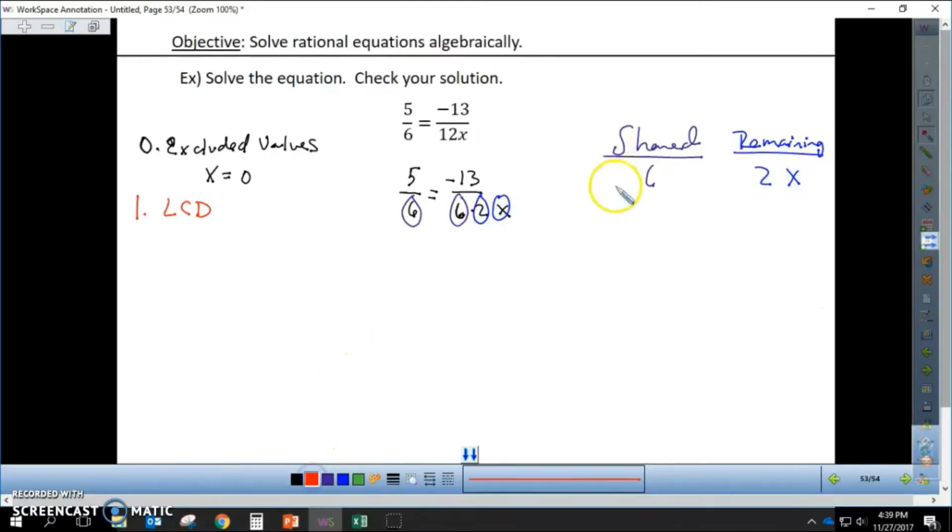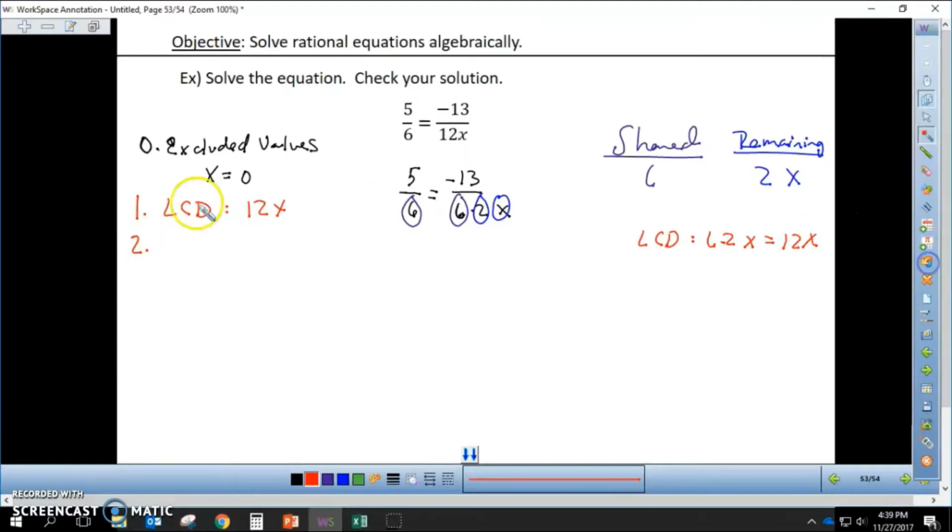So therefore our LCD is 6 times 2 times x, which is 12x. No biggie.